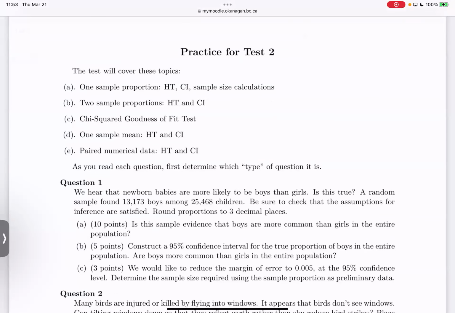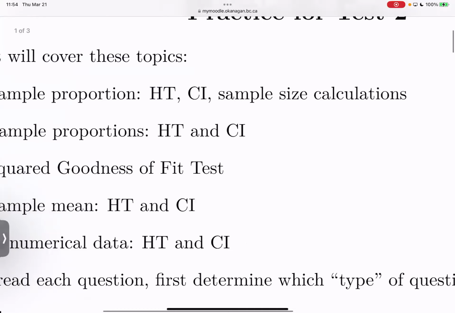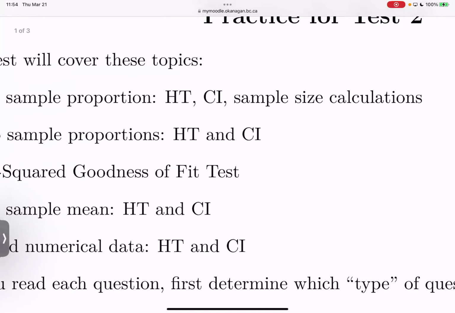Obviously, it's not how much I expect you to do. It's just an outline of what to expect on test 2. I'm not going to test all of these, but this is what I need you to be prepared for. So 1 sample proportion, 2 sample proportions. Oh, and remind me, I think I said the sample size calculation was going to be a bonus.